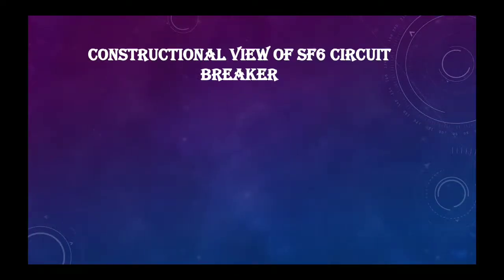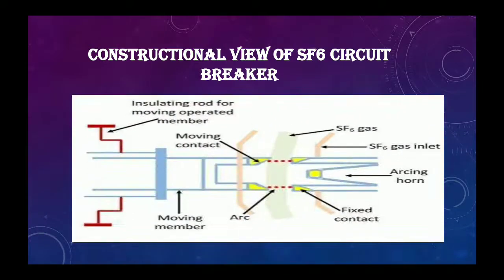Now, the constructional view of an SF6 circuit breaker. Here you can see the insulating rod for the moving operated member, and this insulating rod is connected with the moving contact. That is the moving member.